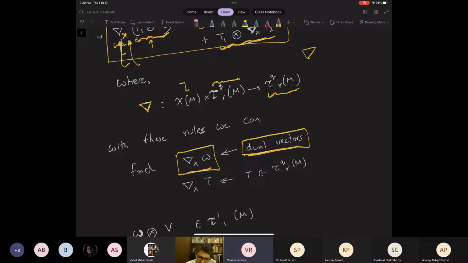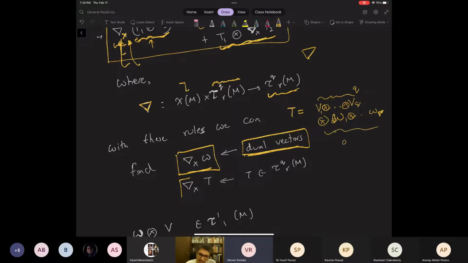Then we'll generalize this. Once we know its action on vectors and dual vectors, any tensor can be built up as a tensor product of many vectors, Q vectors, times a tensor product of R dual vectors.